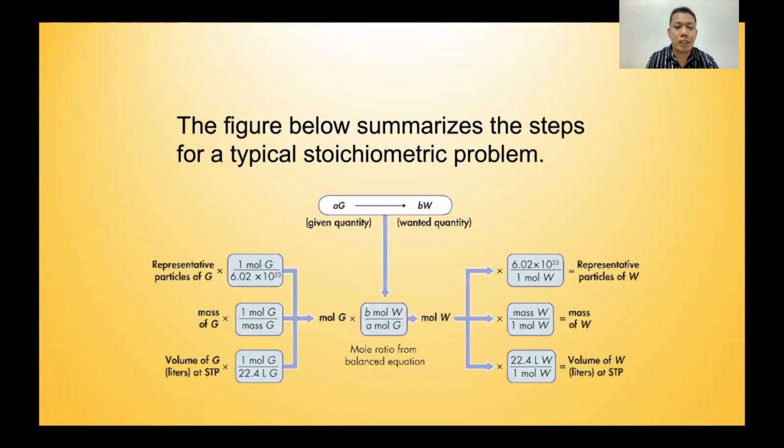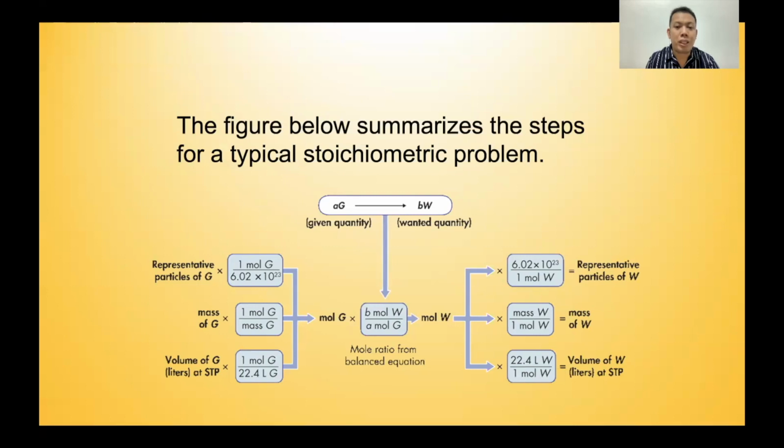Right. So this is the one that summarizes the steps for a typical stoichiometric problem. These are the data that you need.